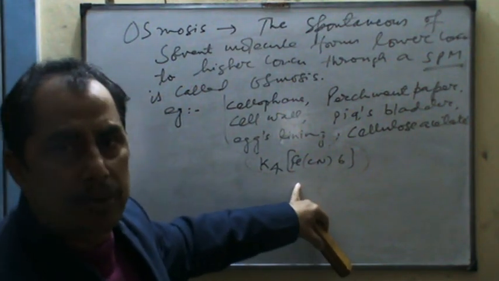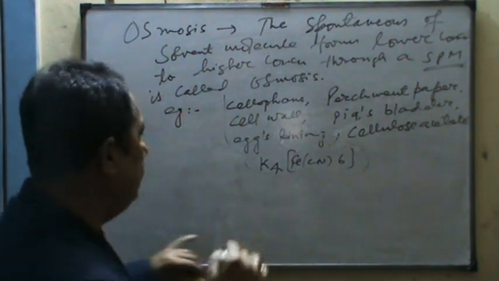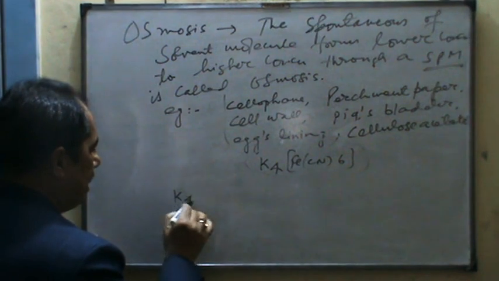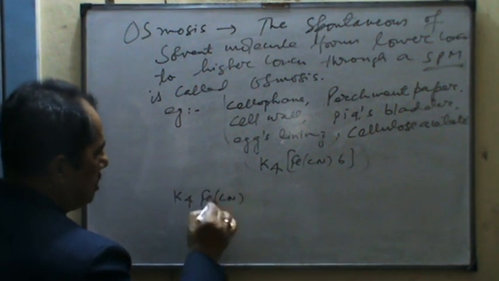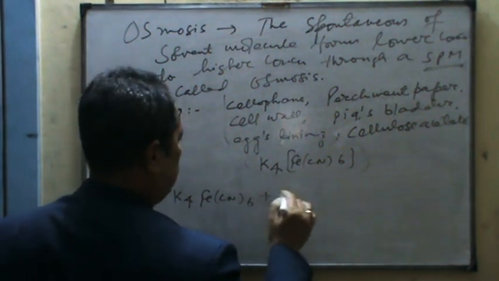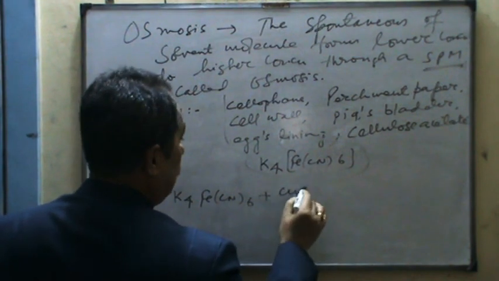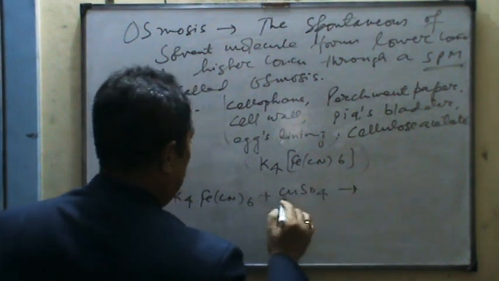It is a complex compound, a man-made semi-permeable membrane, that you can get from K4[Fe(CN)6] plus CuSO4.